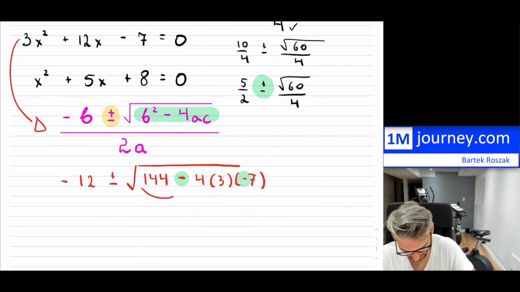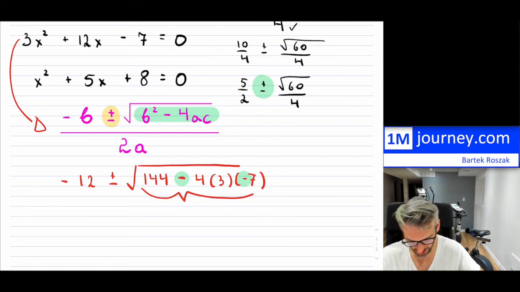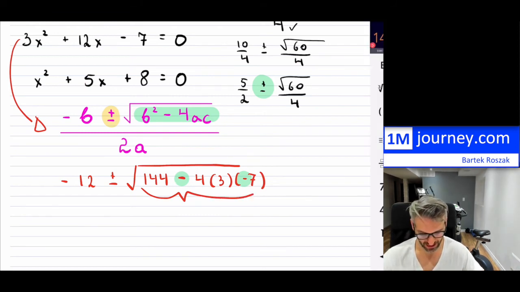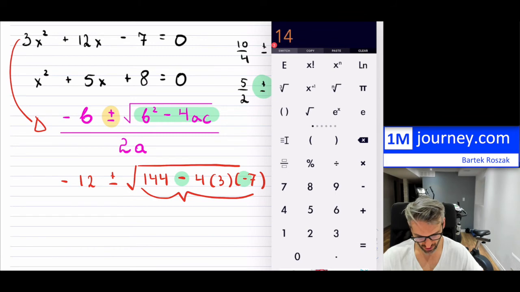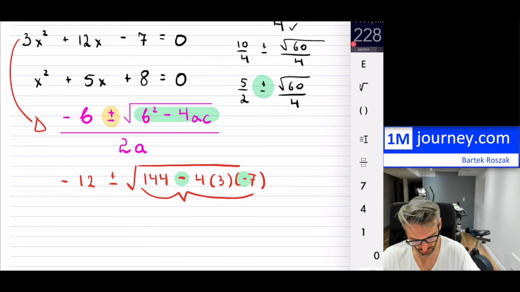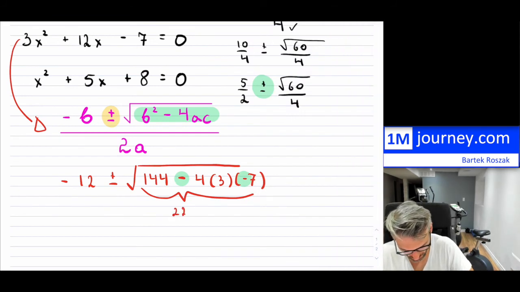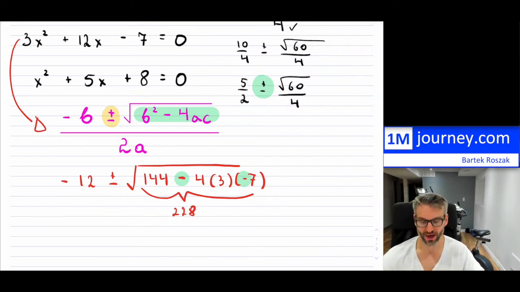So underneath this radical, I can find out exactly what that is. I will cheat a little bit. 144, that's going to be positive there, plus 4 times 3 times 7. So that's 228. So this is 228 under that radical sign.